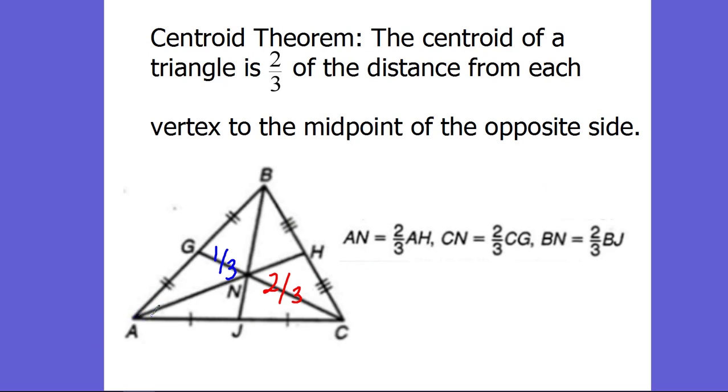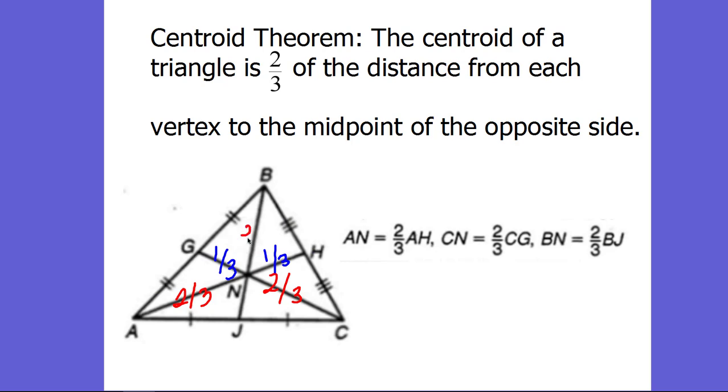The part of the median that goes from vertex A to centroid N, that's 2/3 of the length of the median. And then the part that goes from the centroid N to the midpoint H, that's 1/3 of the length of the median.